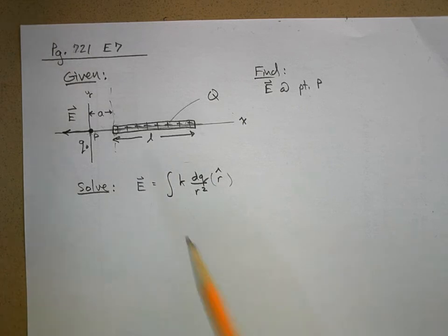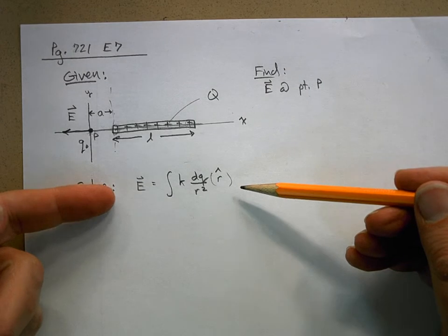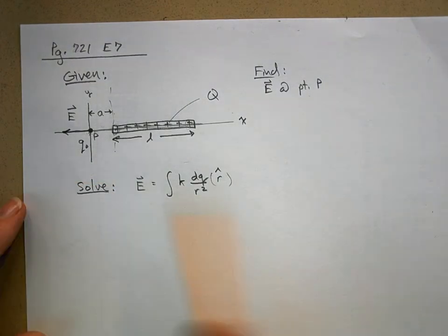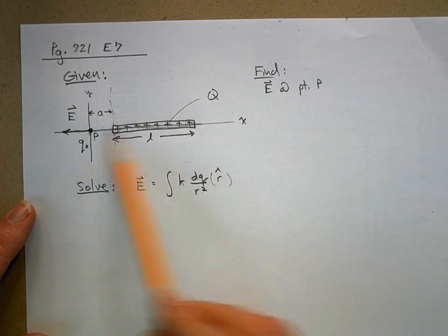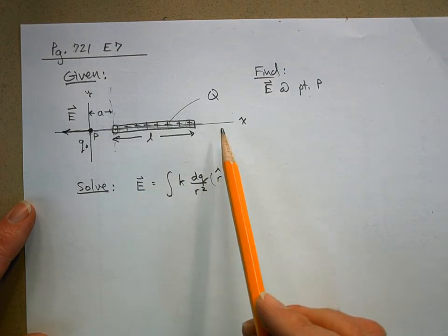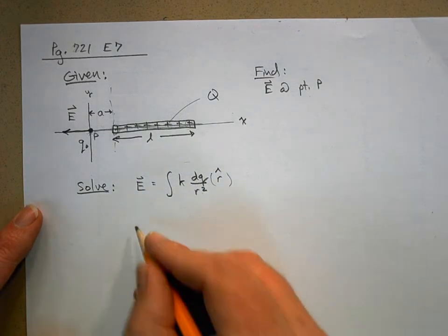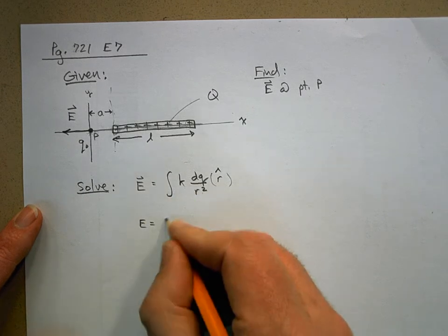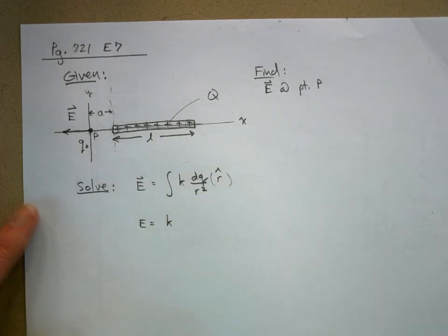So what you have to do whenever we integrate in this class is apply this general thing to the specific situation that we're dealing with. So here, there's no r, we don't need an r, what we need is x. And so E is going to be equal to, and the K, that's the electric constant, right? That's that 8.99 times 10 to the 9 thing.